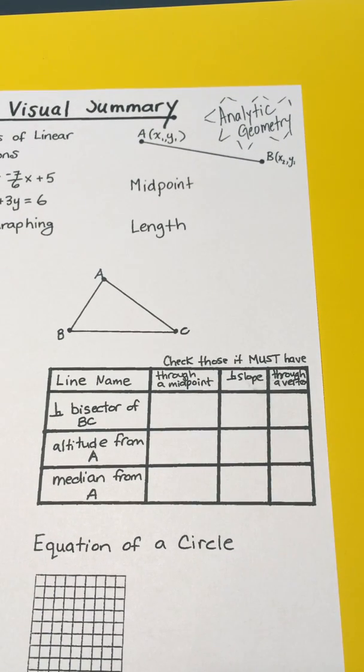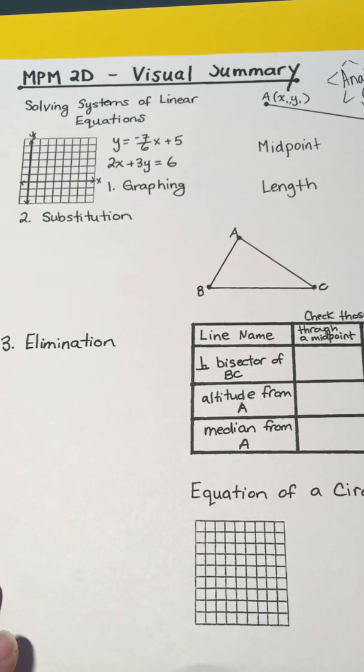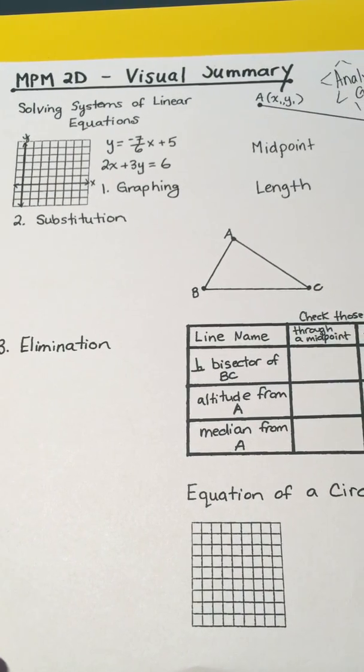Today, before we start on anything new, I just wanted to do a review of the analytic geometry lesson. I have posted this sheet on Brightspace under lesson 2.7, I believe. Let me just double check that first. This sheet does have both solving systems of linear equations as well as the analytic geometry.